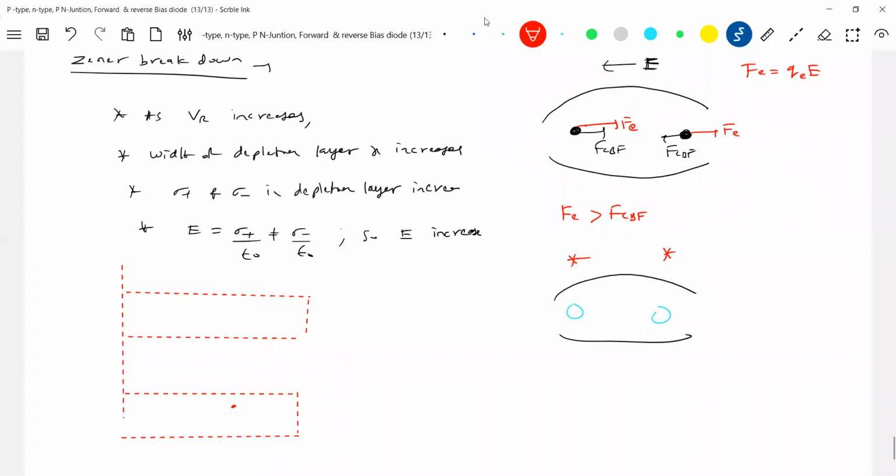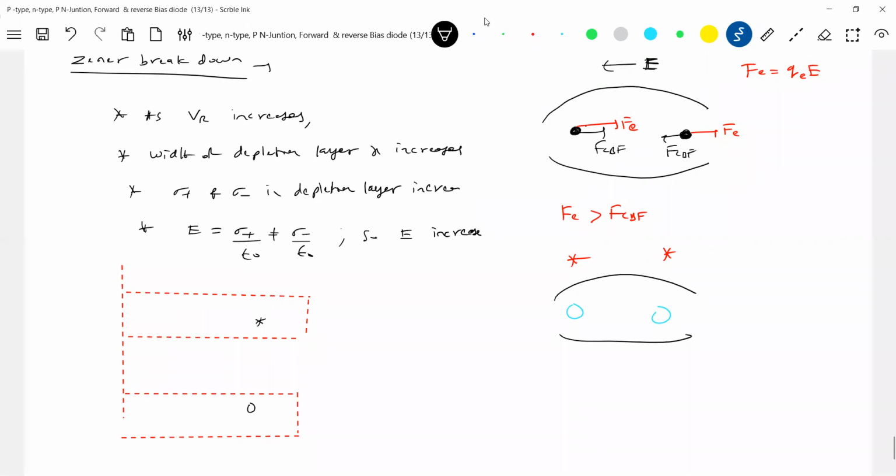Now this electron, if it makes a transition like this, what do we get in place of the electron? We'll get one hole as well as one free electron.